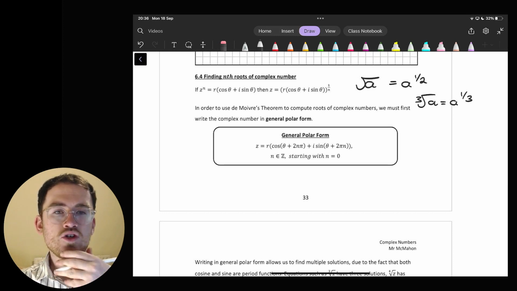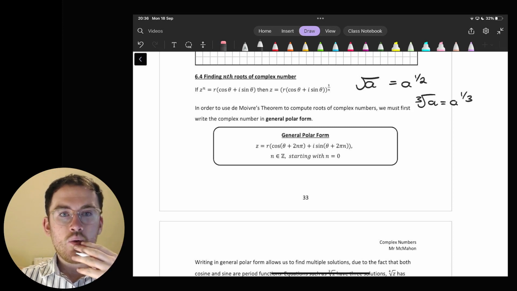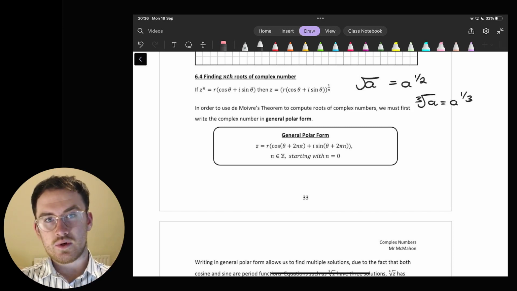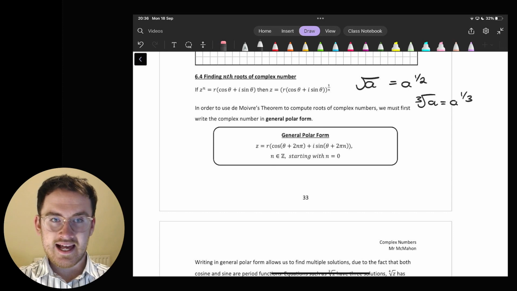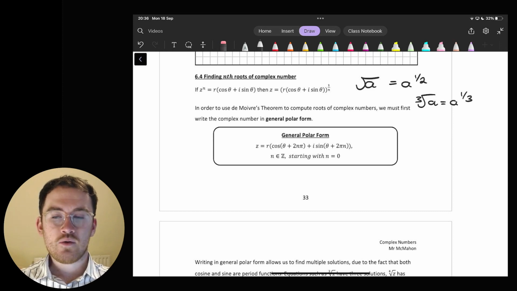Now, when we're doing this, we have to adjust slightly because we said earlier that when we were working with powers in de Moivre's theorem, n was going to be an integer. Whereas now we're looking at cases where the power itself is not an integer because we're looking at fractions. So when we're finding powers or roots of complex numbers, we have to rewrite the complex number in general polar form.